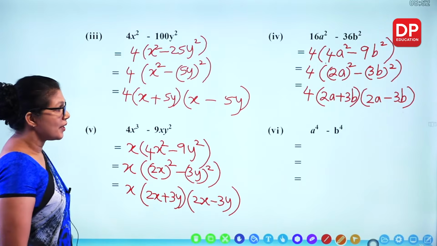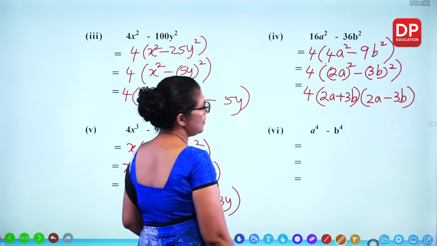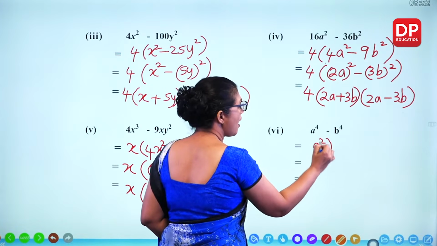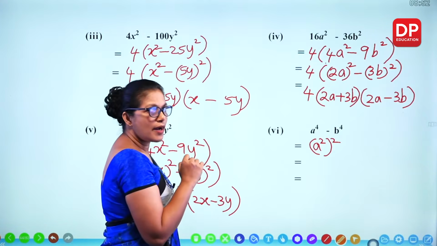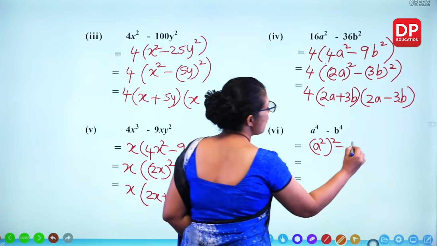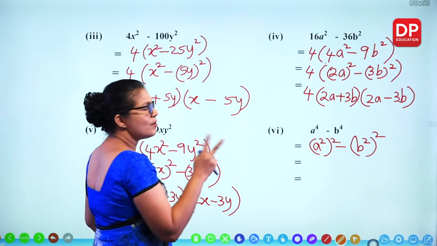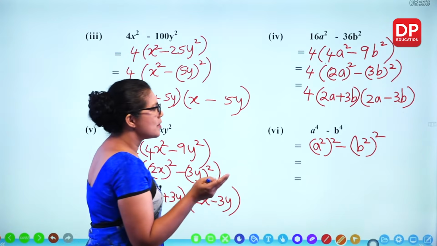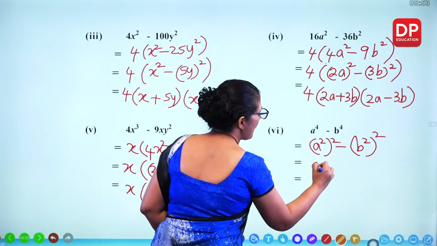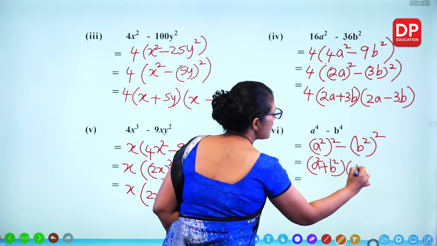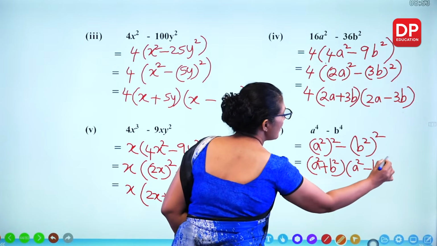How we do this one? Write as a square term. I can write this one as a squared whole thing squared. b4, how can you write? b squared whole thing squared. Now apply difference between two square terms. A squared plus b squared and a squared minus b squared.